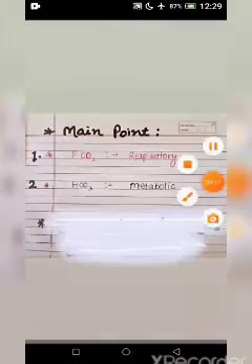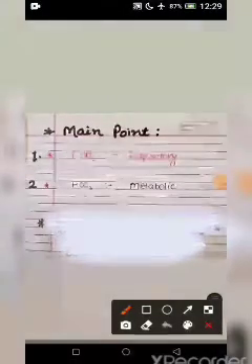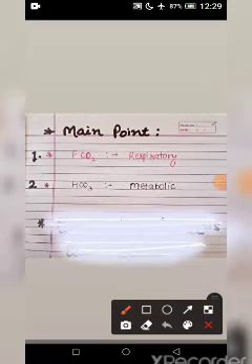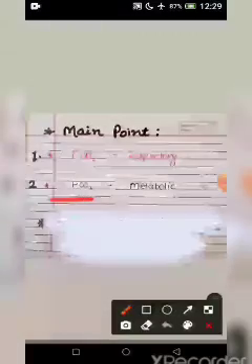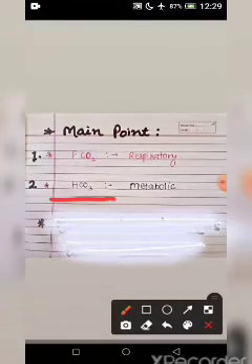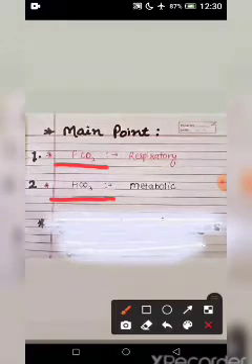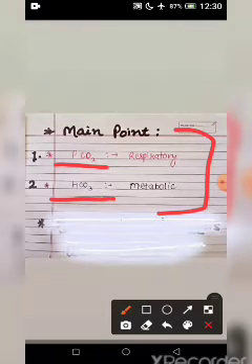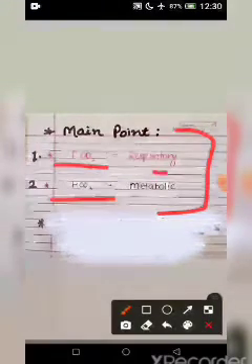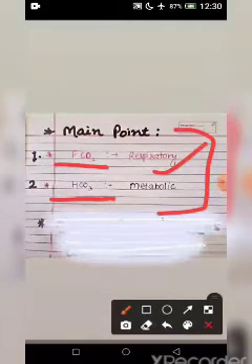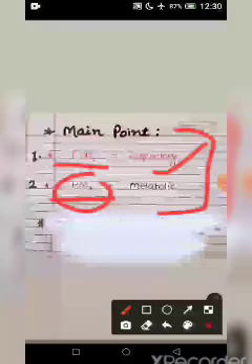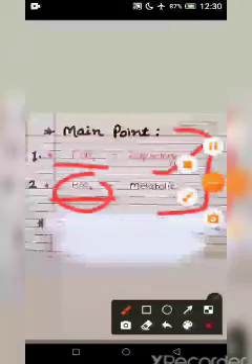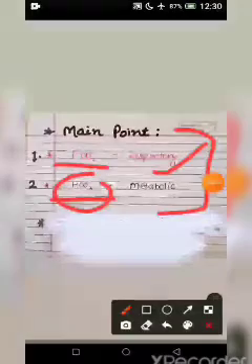Next, come to the point. As we already discussed, pH is directly proportional to HCO3 and inversely proportional to CO2. Now we can remember this concept by this point: where CO2 is mentioned, that point is related to respiratory, and where the point is related to HCO3, that will automatically indicate that it is metabolic.